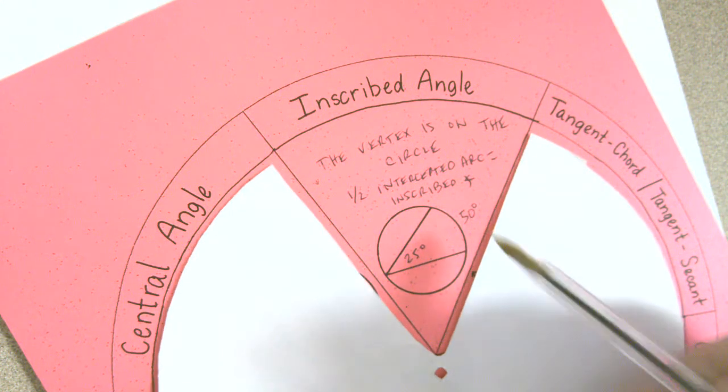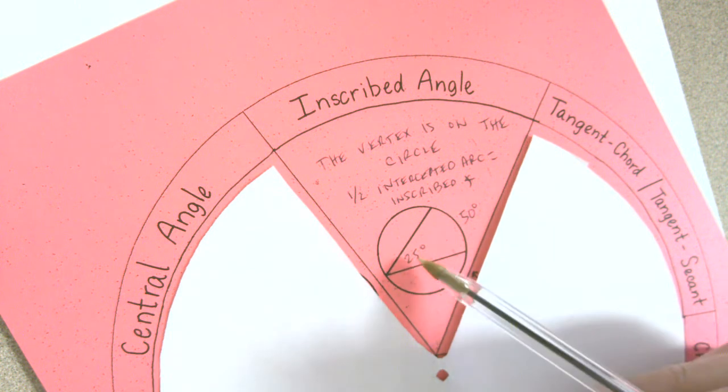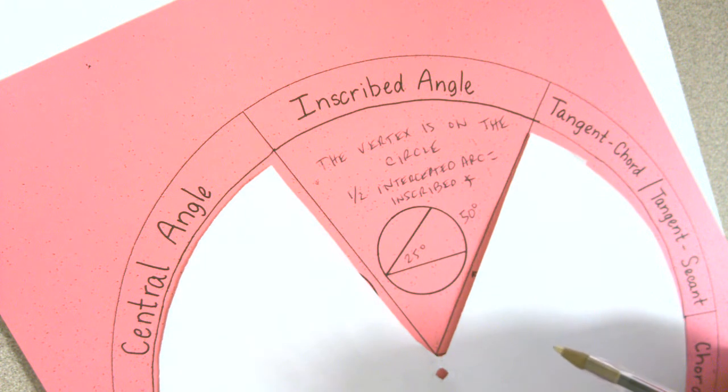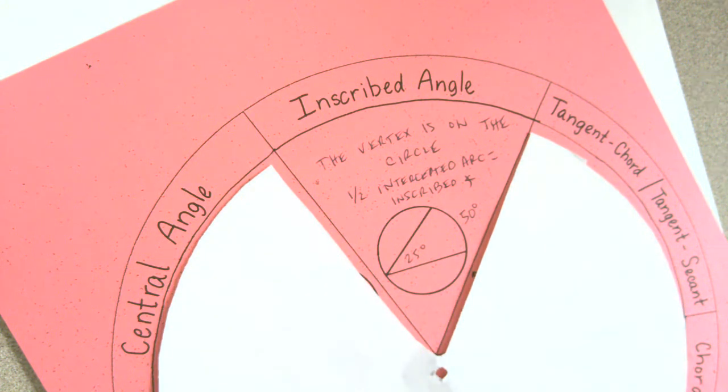So basically, if this is 50, this is going to be 25. If this is 100, then this is going to be 50. Okay, so that's the basic concept there with an inscribed angle.